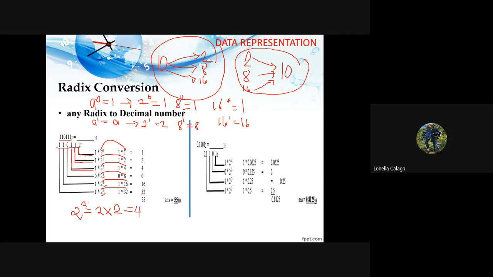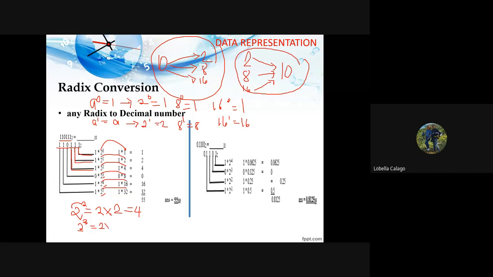For example, dito, hindi siya klaro kasi mostly may nalilito talaga mga estudyante. Ang exponent and the base, they multiply it. For example, yung 2 raised to 3, ang ginagawa nila is 2 times 3, which is wrong. Ang 3 na ito, ibig sabihin, 3 beses mo i-multiply ang base, which is 2.